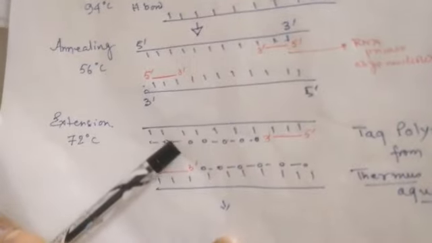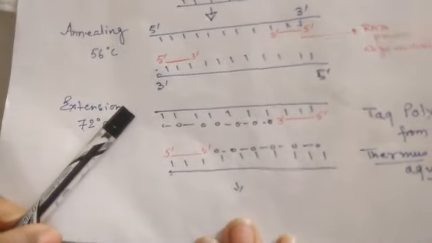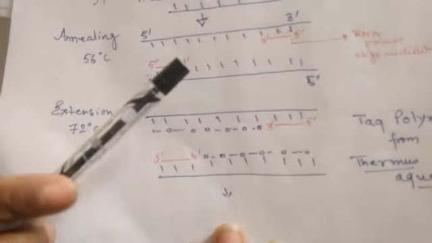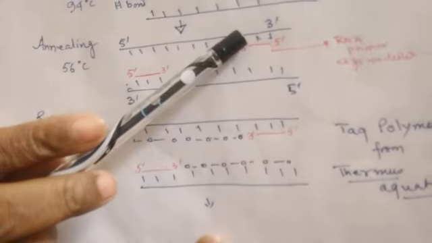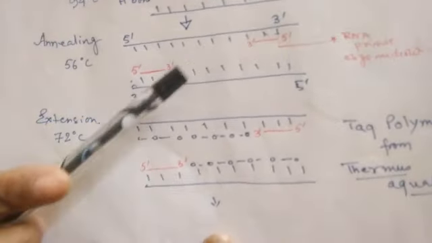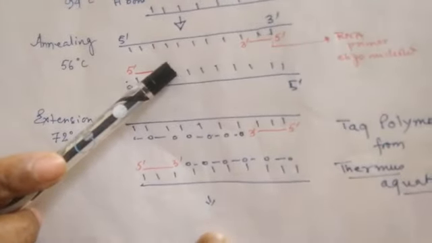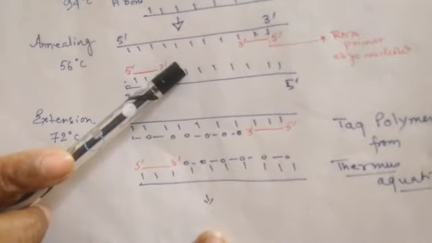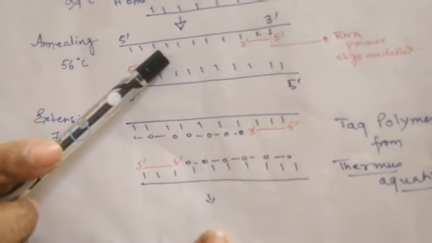Now the next part is the extension. In both cases the 3' ends are free. We know the 3' end contains the hydroxyl group where the new nucleotides will be added, with their phosphate group forming the phosphodiester bond.